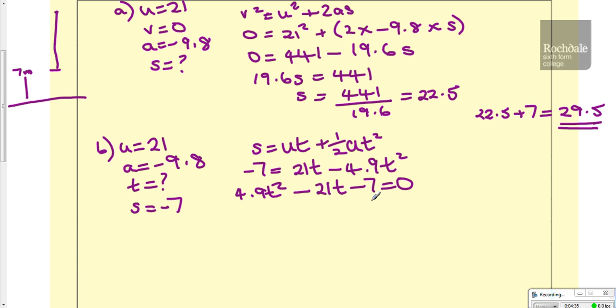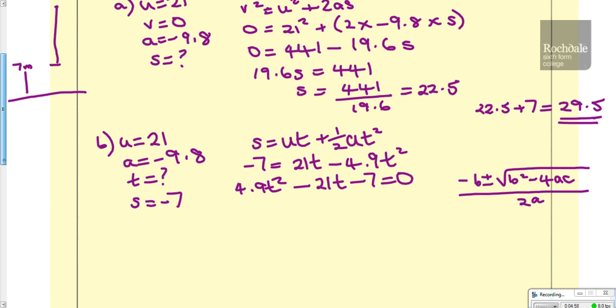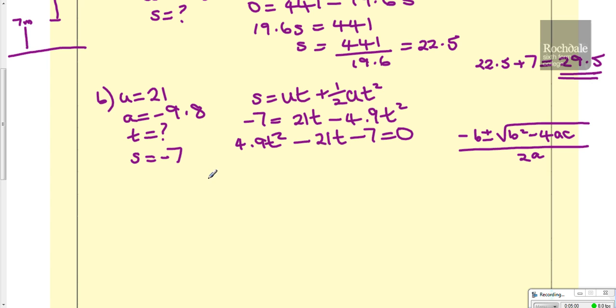Now, I'm going to have a little hunch that this is not factorisable, and so we need to use the quadratic formula. And if you remember, the quadratic formula is minus b plus or minus square root of b squared minus 4ac all over 2a. Now I'm going to go through this pretty quickly because you should have done this in C1. So if you're not sure, just have a look back at your C1 notes.